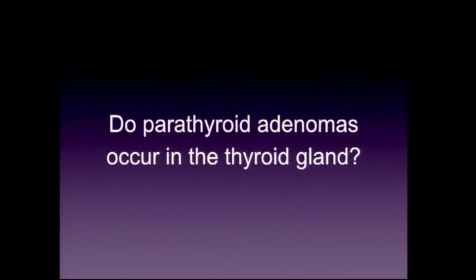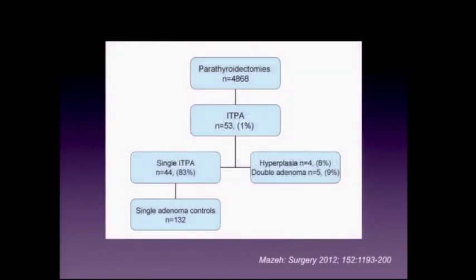One question is whether parathyroid adenomas occur in the thyroid gland. The fact that I'm asking the question suggests that the answer is yes, which is true. This is from an article in Surgery in 2012 that looked at almost 5,000 parathyroidectomies, and found intrathyroidal parathyroid adenomas in 53, single in 44, and double or hyperplastic in a minority.